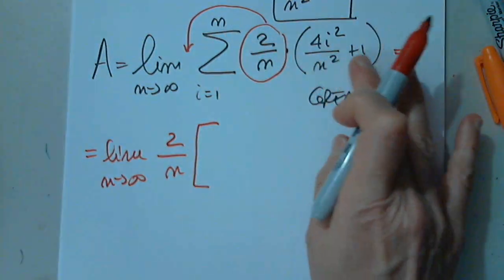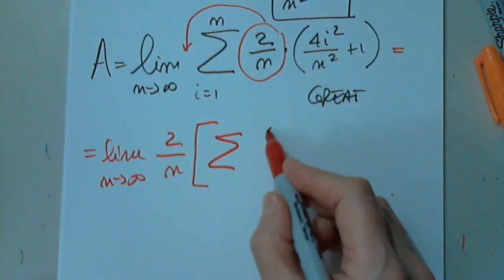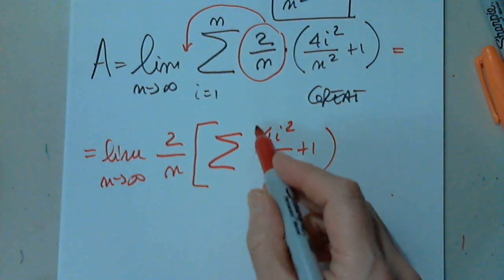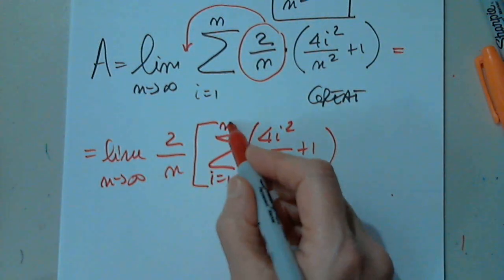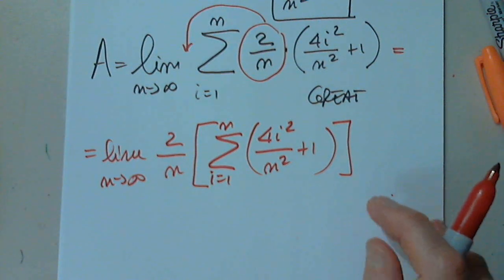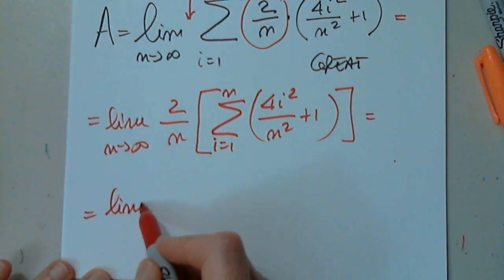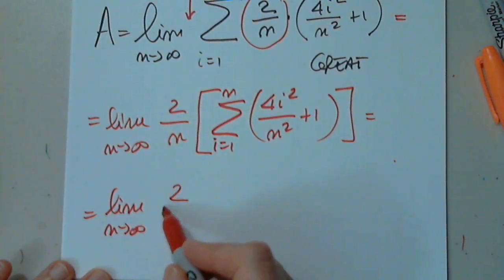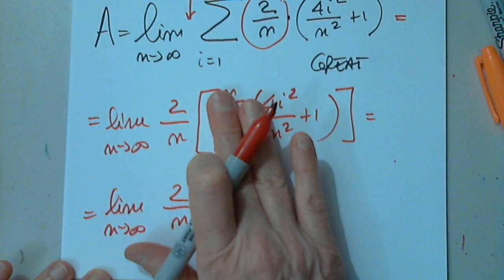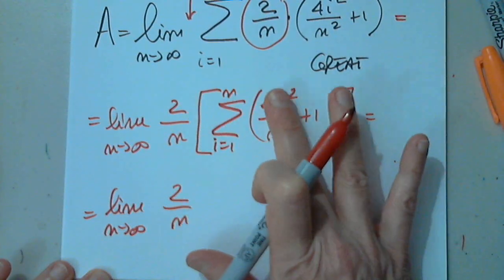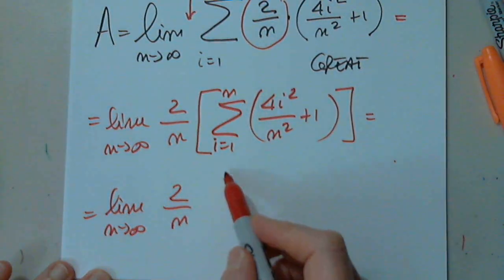Then I have the sum of 4i squared over n squared plus 1, from i equals 1 through n, of course. How am I on time? Okay, I hope to finish, yes. Okay, limit as n approaches infinity, 2 over n. Now, the sum of two generic terms is the sum of the first plus the sum of the second.